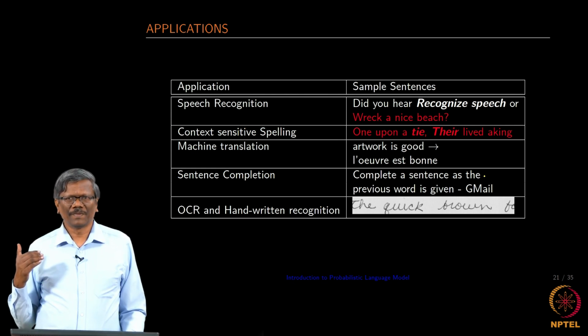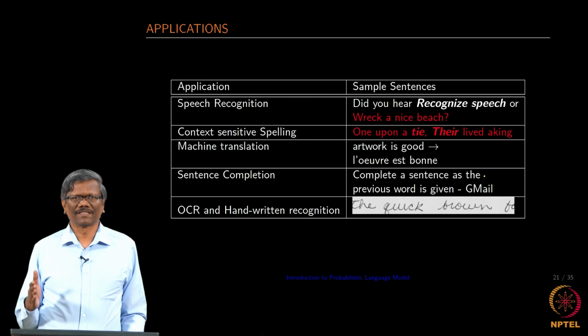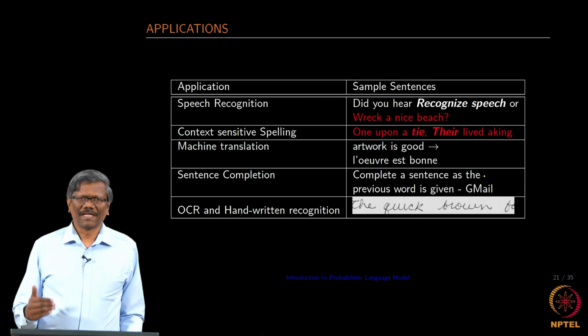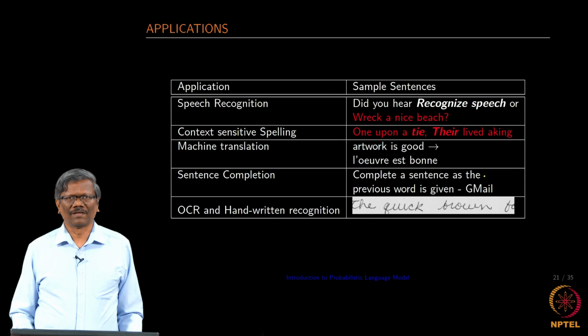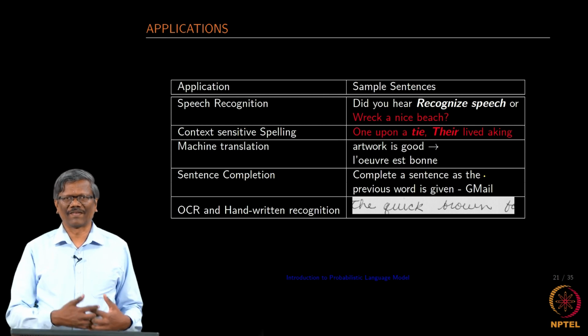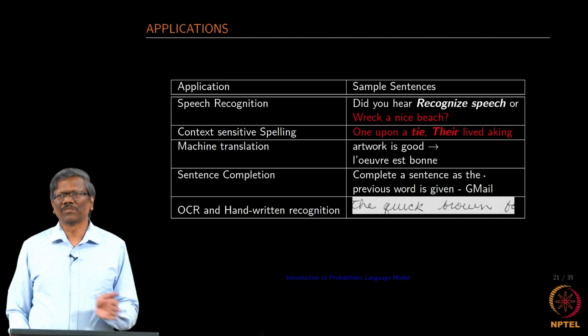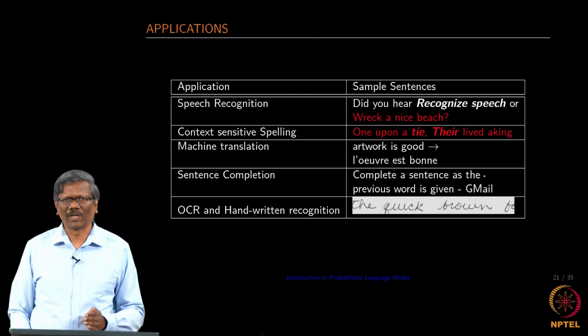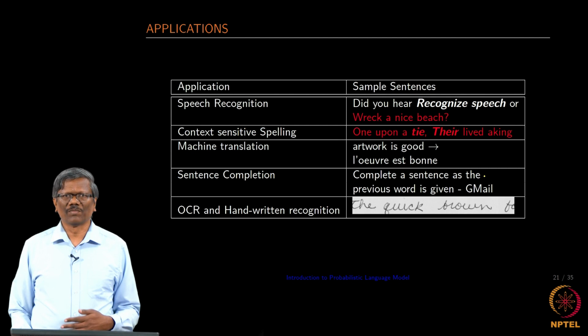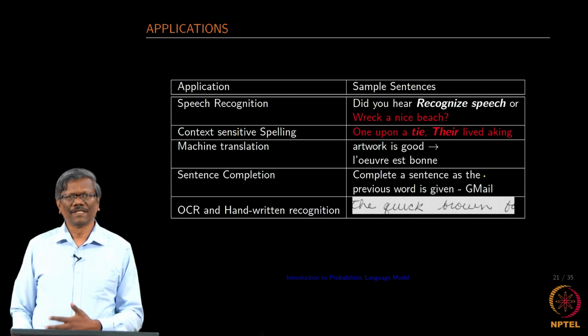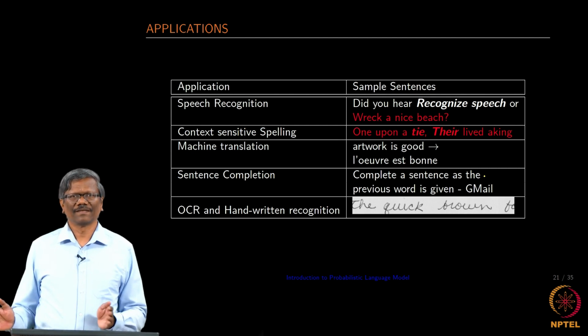When the speech recognizer cannot recognize words clearly, the NLP could come into play based on the context it had been trained on. It would be able to say that we are talking about speech technology all over. So, we are not going to be talking about wrecking a beach; it is going to be recognizing speech.